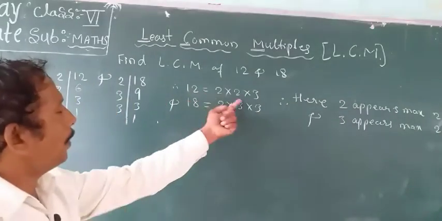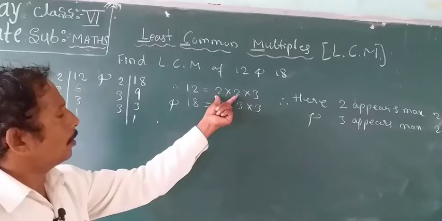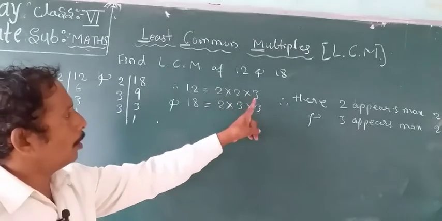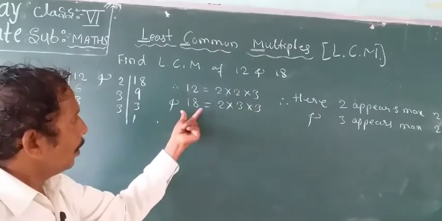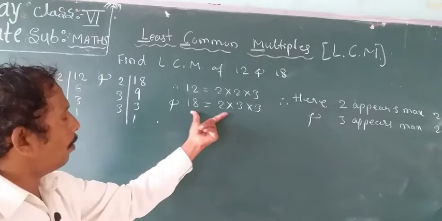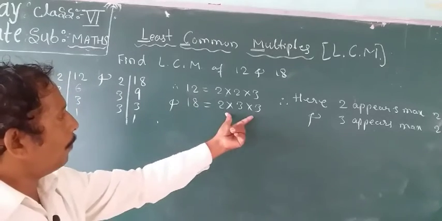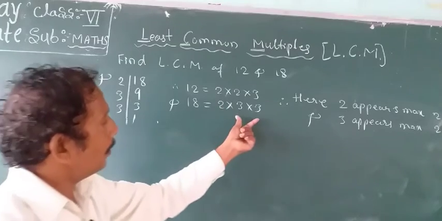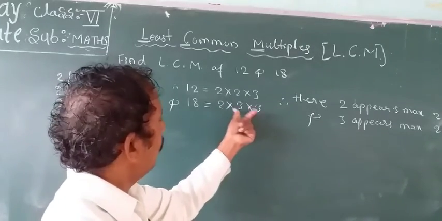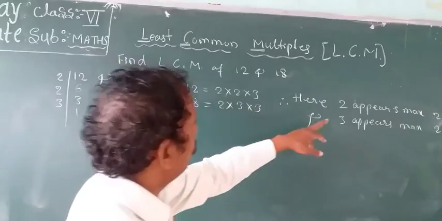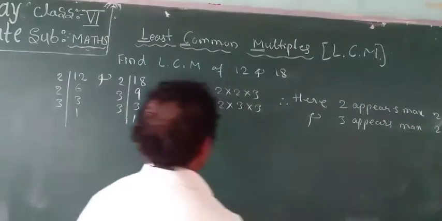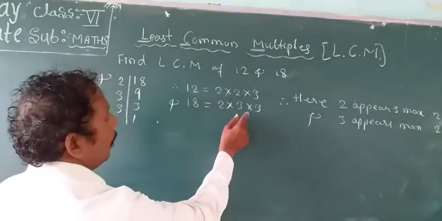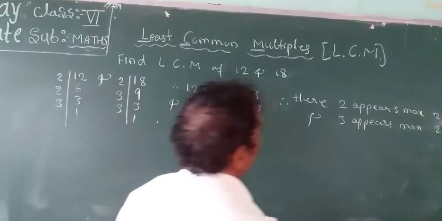In the first prime factorization 2 appears maximum 2 times, 3 appears only once. In the second prime factorization of 18, 2 appeared only once and 3 appeared 2 times. Maximum number of 2s is 2 and maximum number of 3s is 2.